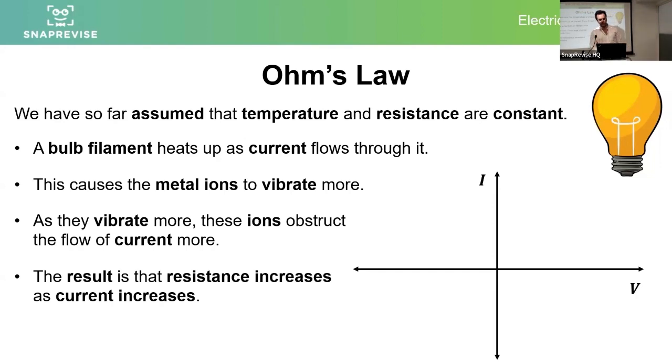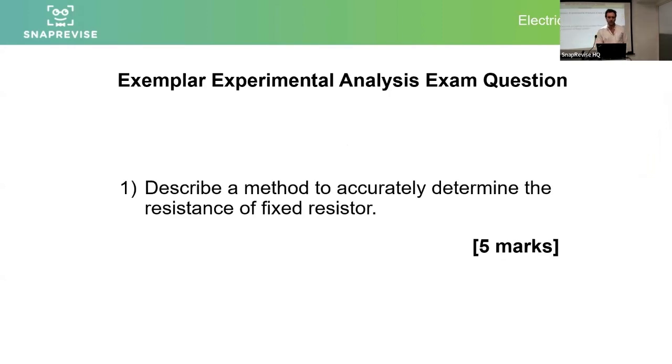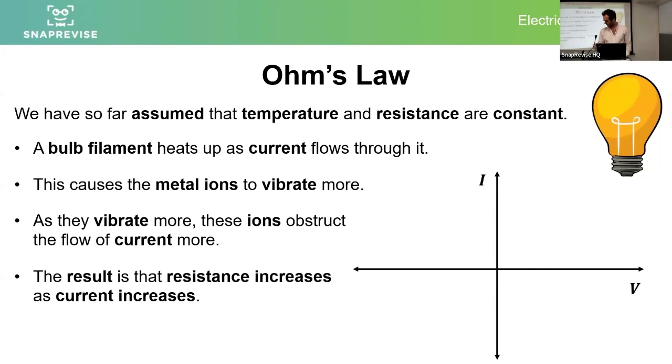The result is that although at low currents, Ohm's law more or less does apply, as you get higher and higher, the resistance increases, which means, again, remember that shallow on our IV graphs is bad, means high resistance, and steep is good. It means that you end up with a graph more like this rather than a straight line.